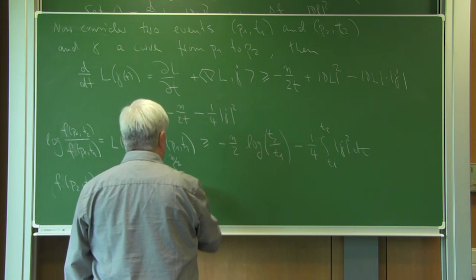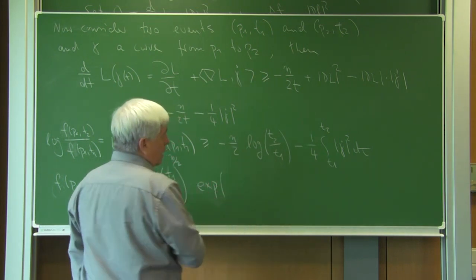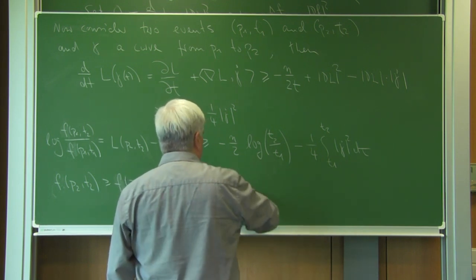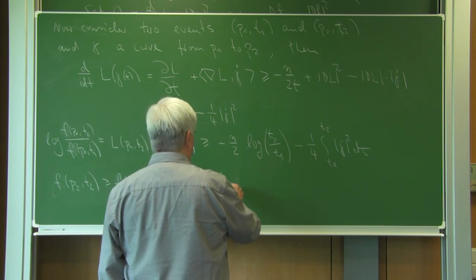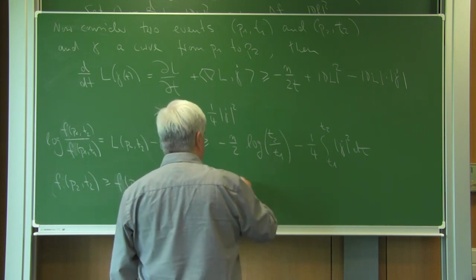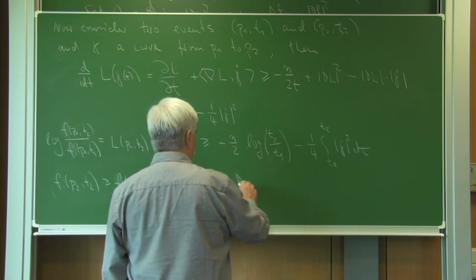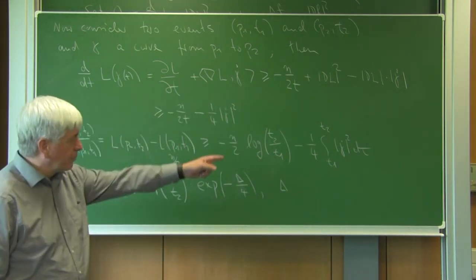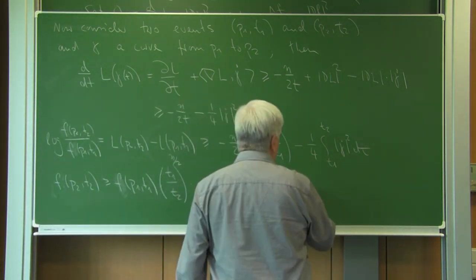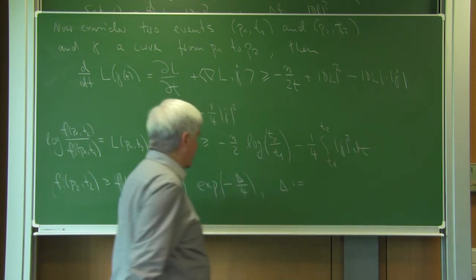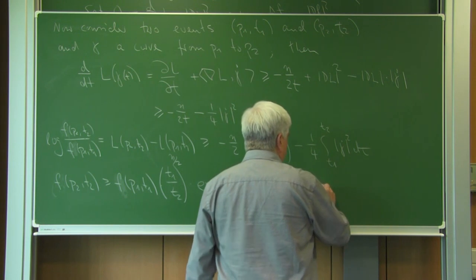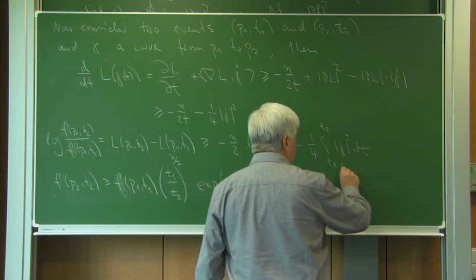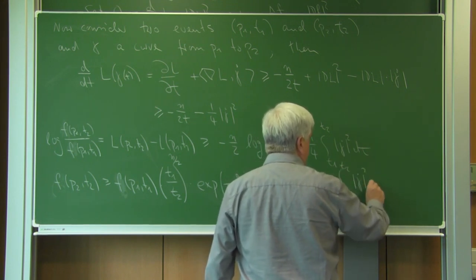And from here I get times e to the minus 1/4 times, and this is in Hamilton's notation, we call it delta over 4, where delta is the smallest possible value that you can get for this integral. So delta is the infimum over all these curves gamma of the integral from T1 to T2 of |gamma dot|² dτ.